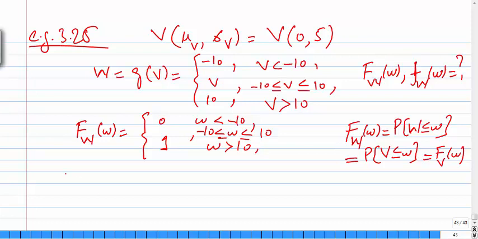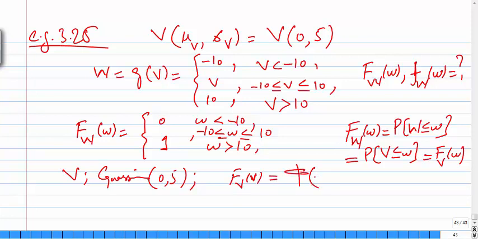Now as V is a Gaussian with mean 0 and standard deviation 5, if we look at theorem 3.14, F_V(v) is equal to the standard normal, where we divide by 5, so phi of v by 5.